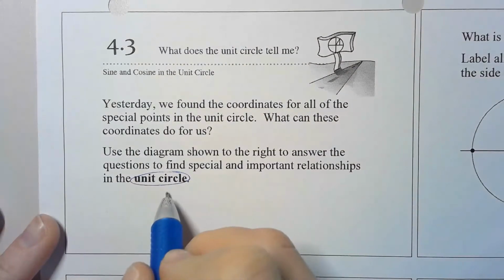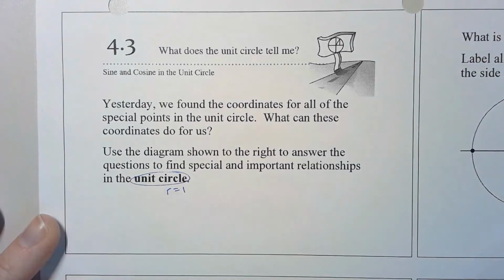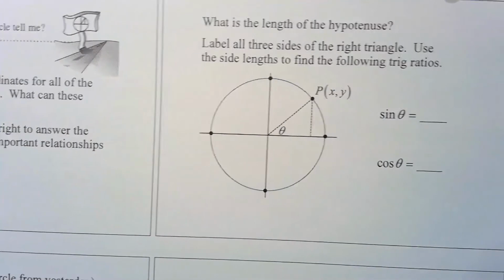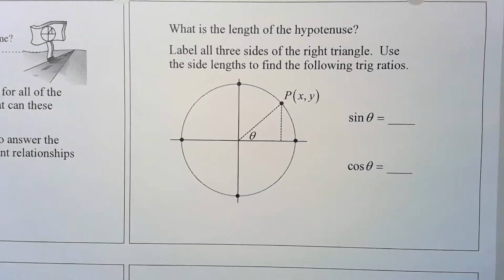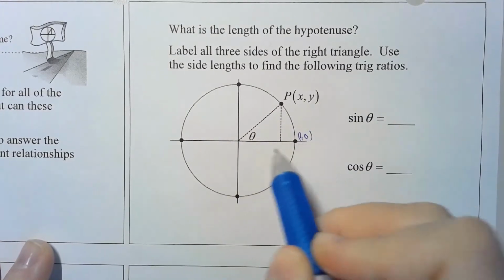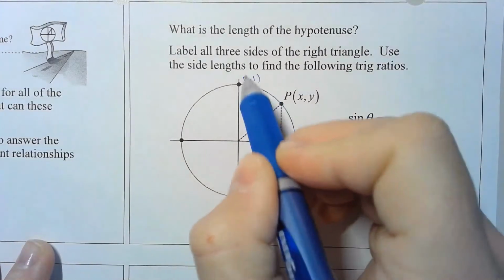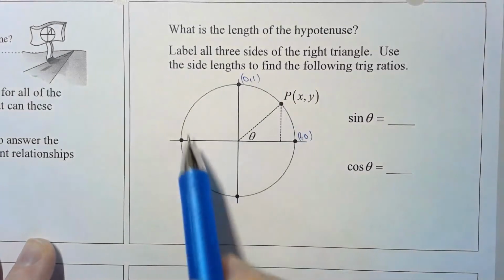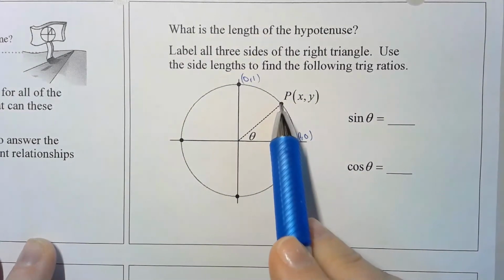If you remember, a unit circle is a circle whose radius is 1. All right, so let's go over here. When we look here in the unit circle, if the radius is 1, this is the point 1, 0, this is the point 0, 1, etc. And in this circle, I have put a very generic point on that circle.